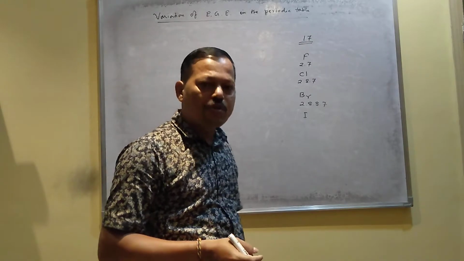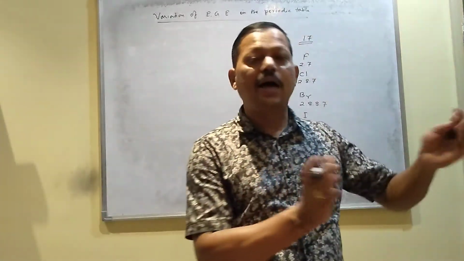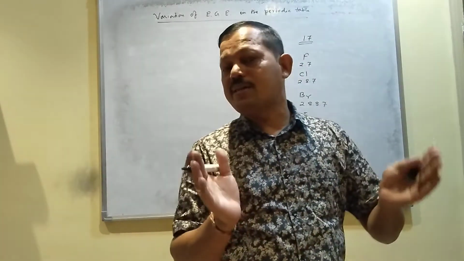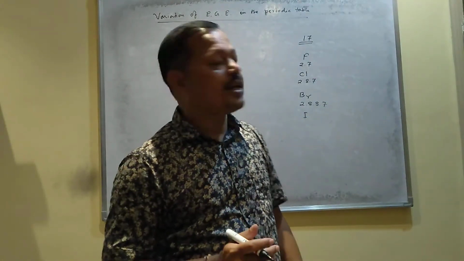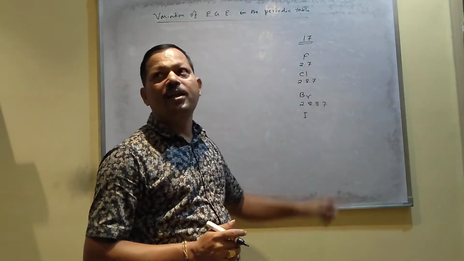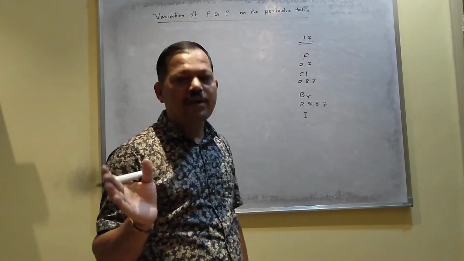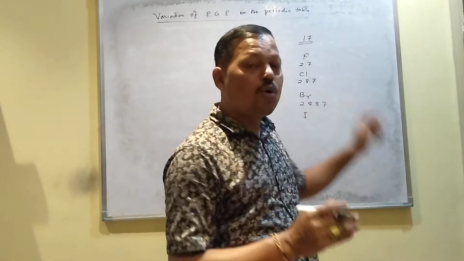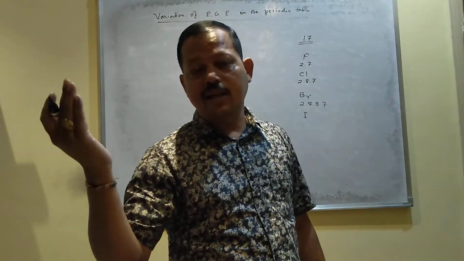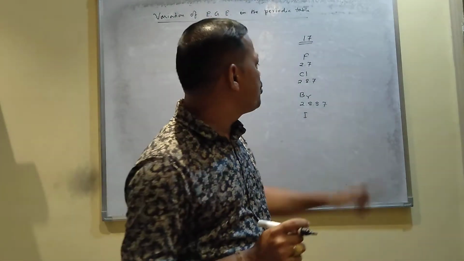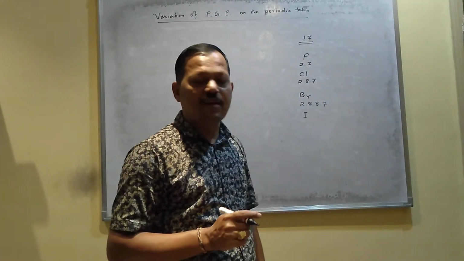In our modern periodic table, halogens have the highest electron gain enthalpy due to presence of 7 electrons in their valence shell. Always remember this. If you compare the elements, halogens always have the highest electron gain enthalpy value due to presence of 7 electrons in their valence shell.